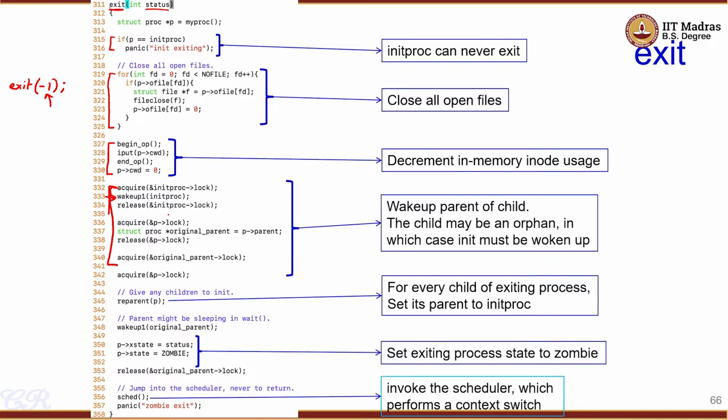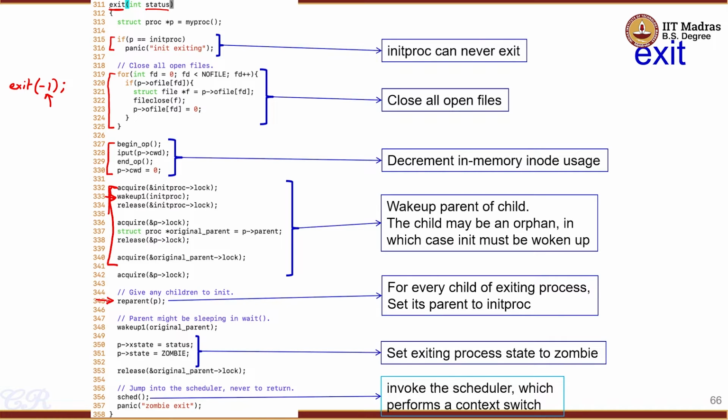But for now, what we need to understand is that with these statements, a wakeup signal is essentially sent to the parent process, thereby permitting it to move from the sleeping state to the runnable state.